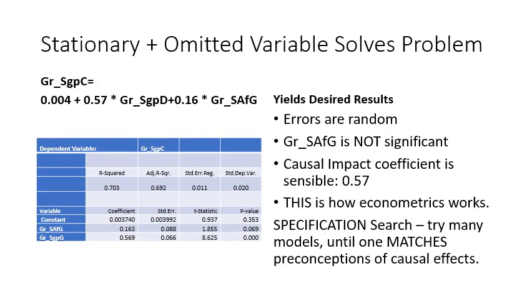Now, if we transform to stationarity and then we add the missing variable, that does actually solve the problem.